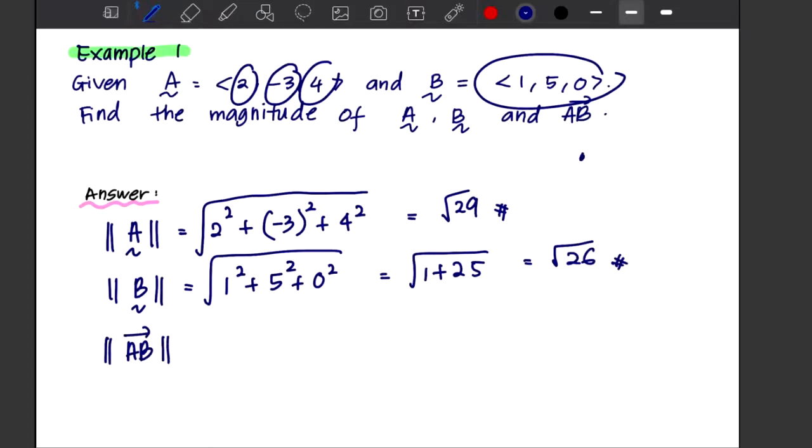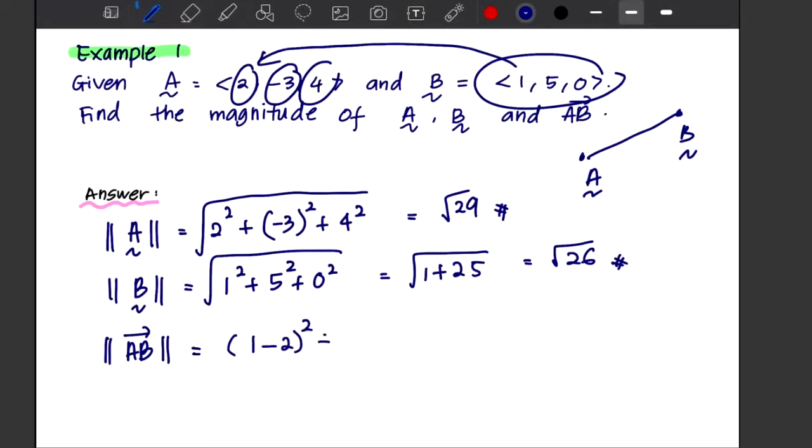So we have point A to point B. Vector A from vector B, and we want to find the vector, the magnitude. So minus the same component: 1 minus 2 squared plus 5 minus 3 squared plus 0 minus 4 squared.